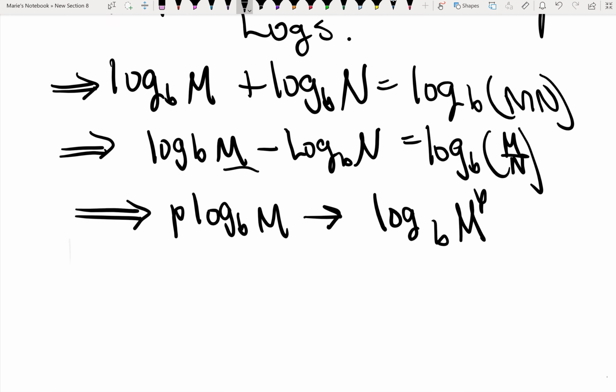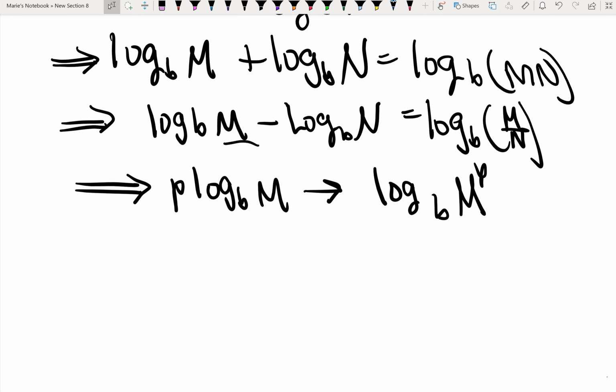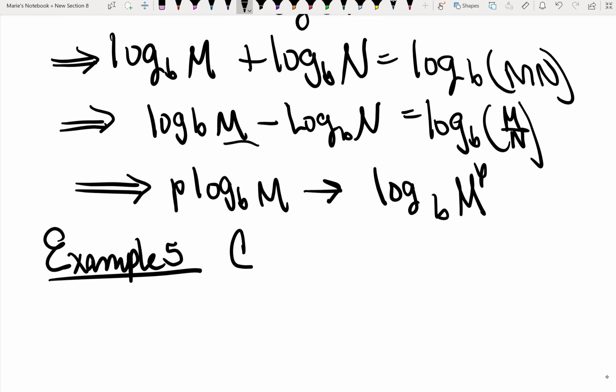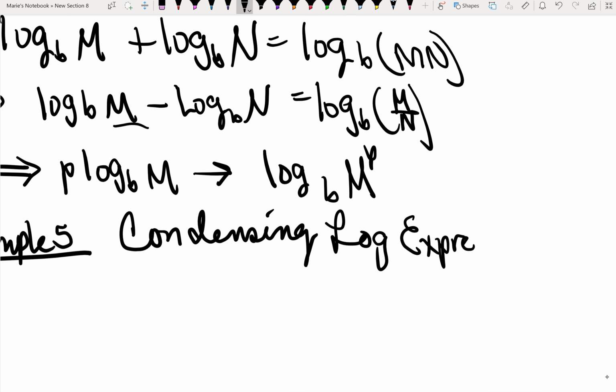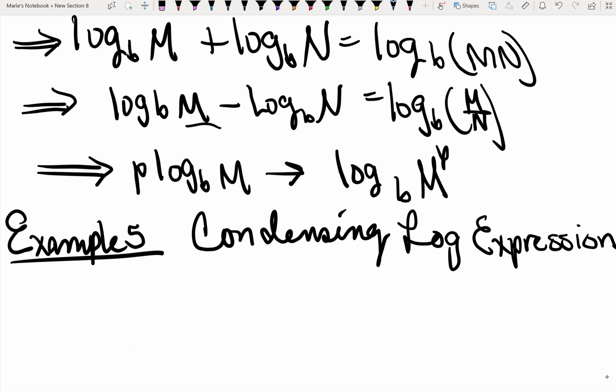So I'm going to do example 5. In example 5, we are condensing logarithmic expressions.